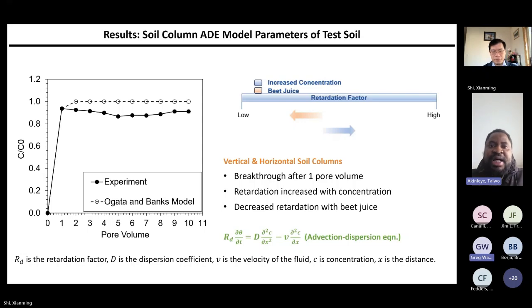This is using adsorption-desorption models to get some other soil parameters, or very good model parameters, to explain our results. The ADE model simply means advection-dispersion equations. Basically, these are fundamental equations that help to explain adsorption and desorption processes in soils under dynamic conditions.